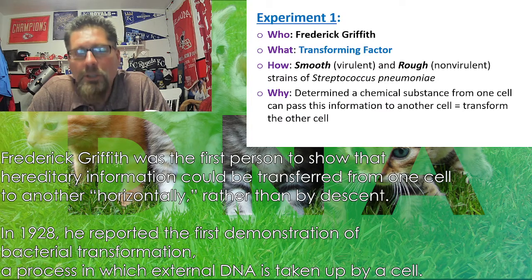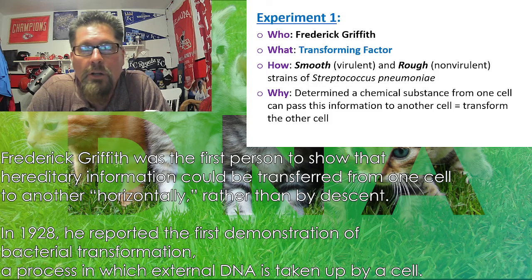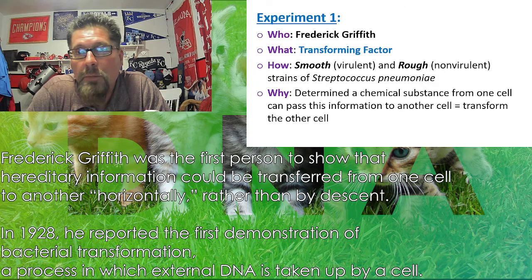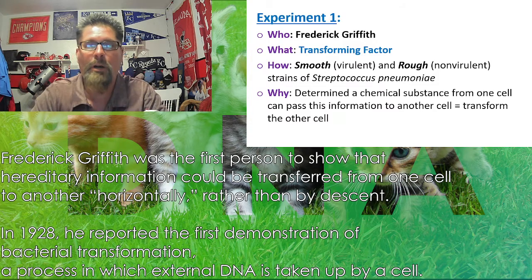All right, so here's our first scientist, Frederick Griffith, as you can see there. His contribution to this whole process of learning what DNA is comes from his experiments. I should have led with this earlier: a lot of these scientists have multiple slides and multiple steps in their experiments.